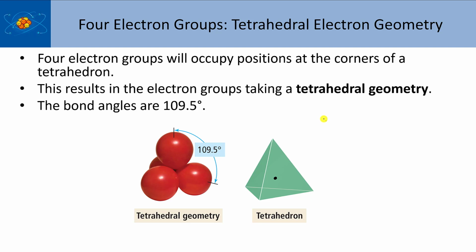For example, if we drew methane, methane's Lewis structure looks like this, and we have 4 electron groups. Now I always circle the atom along with the bond, but really we're just focusing on the bond. This is 4 electron groups.